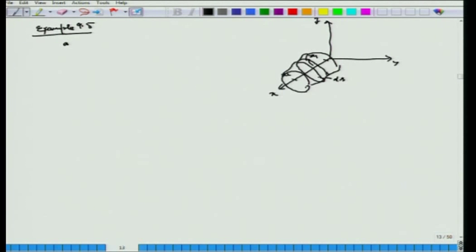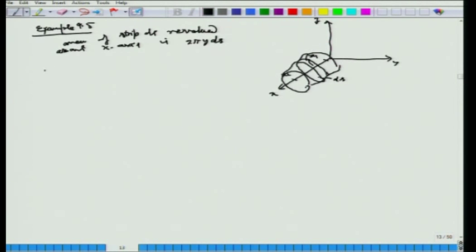So, the area of the strip ds revolved about the x axis is 2 pi y ds.